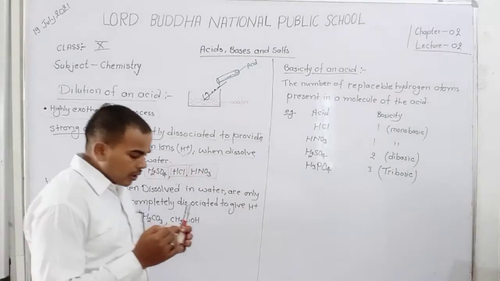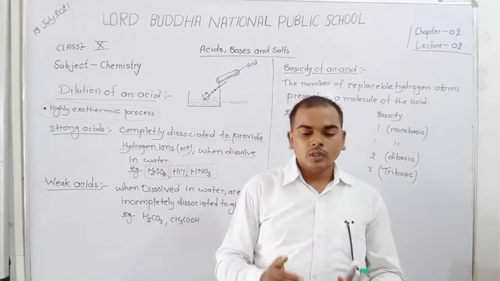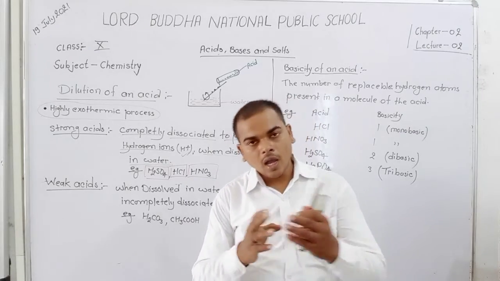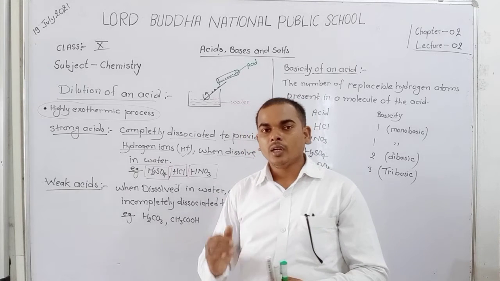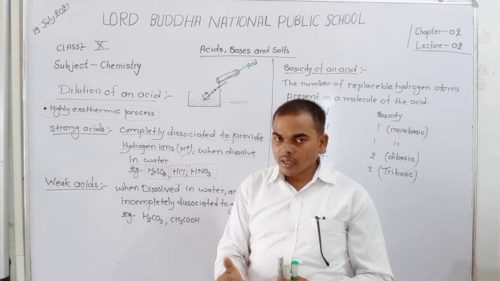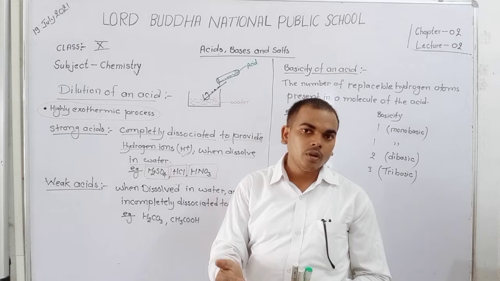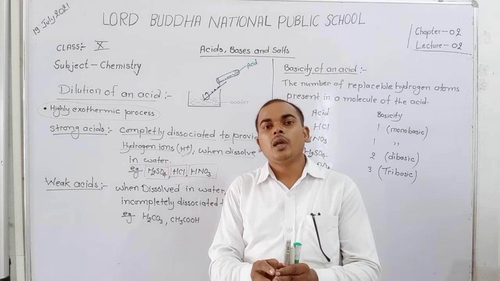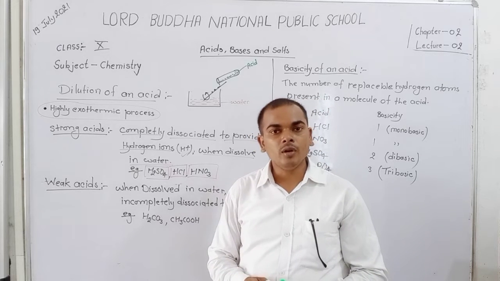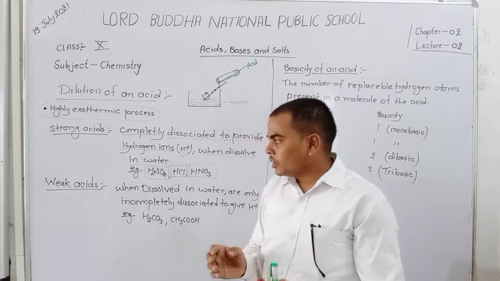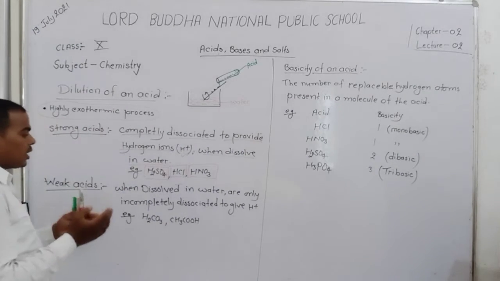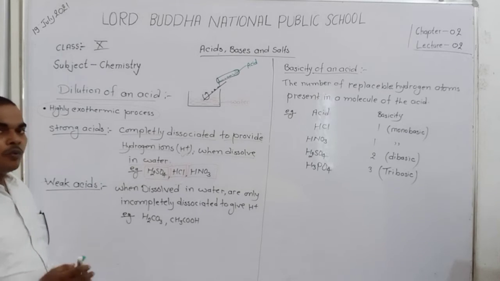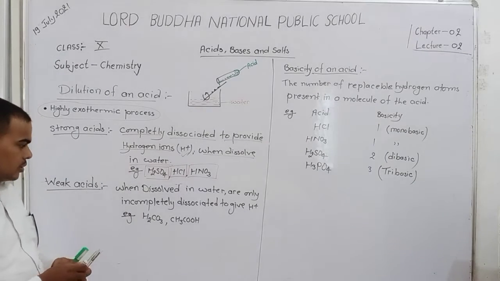Dear student, when you dissolve sulfuric acid or hydrochloric acid or nitric acid in water, they completely dissociate into their H plus ion in water. But some acids do not completely dissociate when we add them in water.